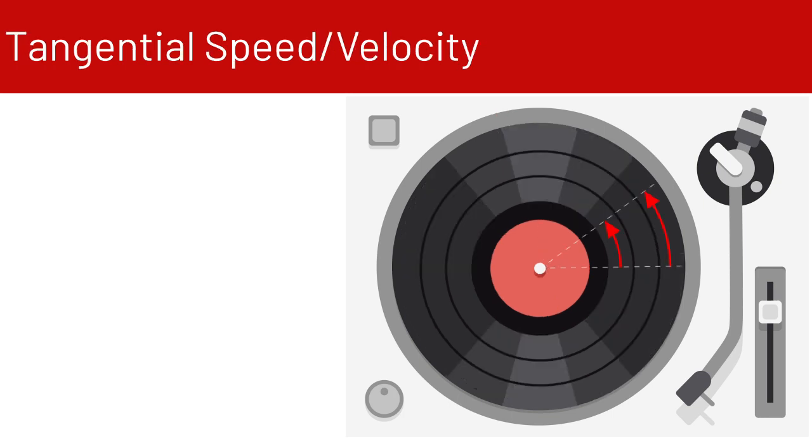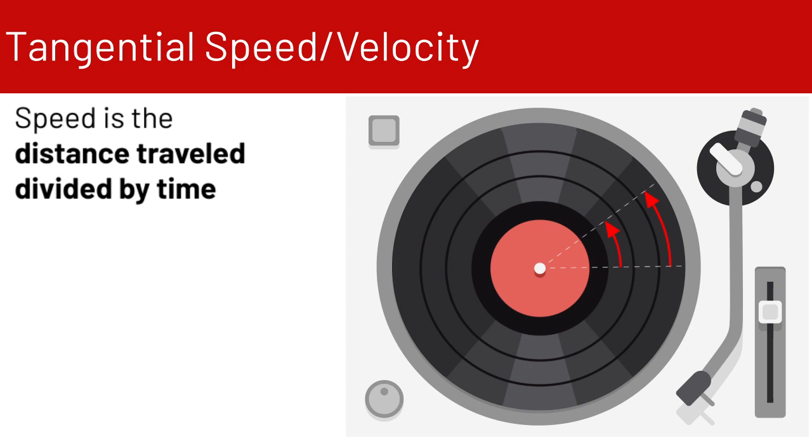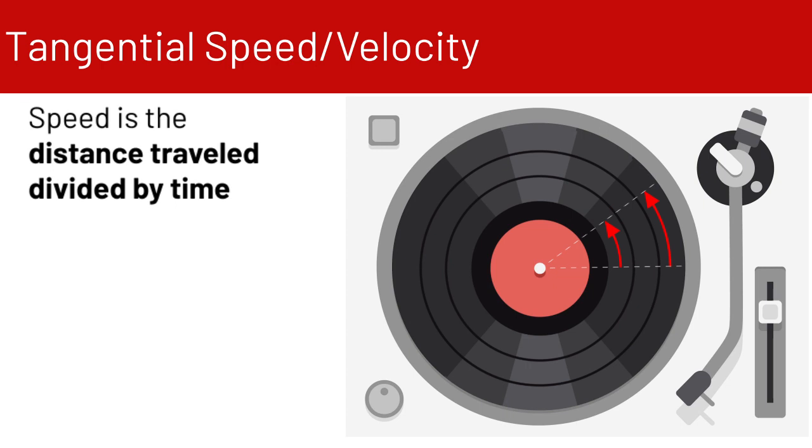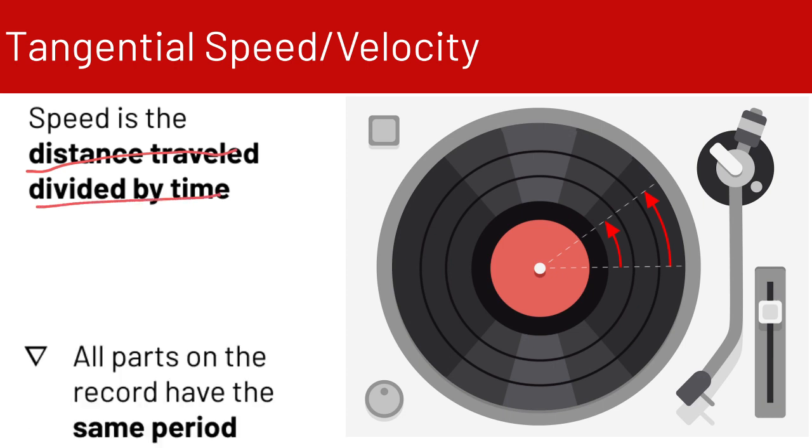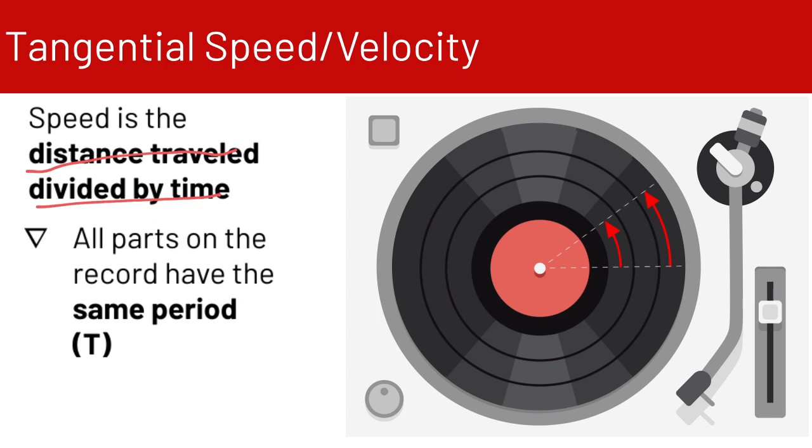Okay, so let's look at tangential speed and velocity a little bit more specifically. So we define speed as the distance traveled divided by time. So we know that all parts on the record have the same period T. We discussed that a minute ago. So the whole record spins at the same rate.